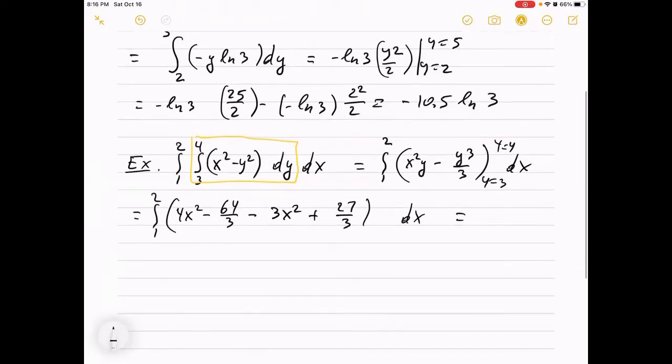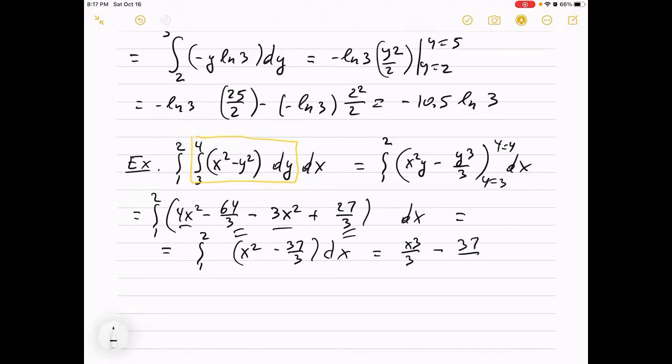So that equals the integral 1 to 2, combining like terms, 4x squared minus 3x squared is x squared, and negative 64 over 3 plus 27 over 3 is minus 37 over 3, dx. That is an integral with respect to x, so x cubed over 3 minus 37 over 3 x, where x is changing from 1 to 2.